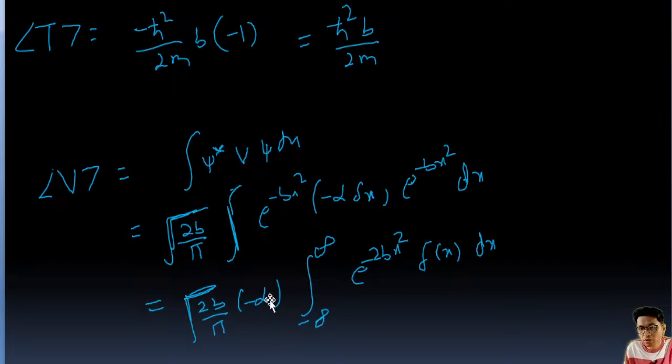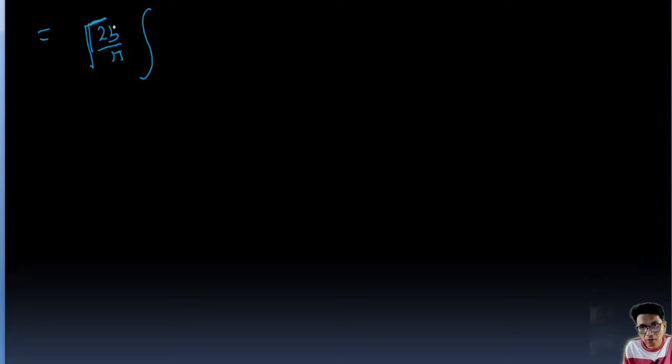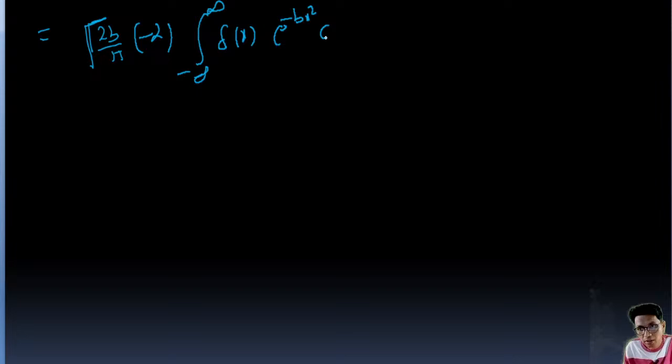So this is delta x, and we can write it like this: root 2b upon pi, integration, minus alpha is also there, minus alpha integration from minus infinity to plus infinity delta x e to the power minus 2bx square dx.